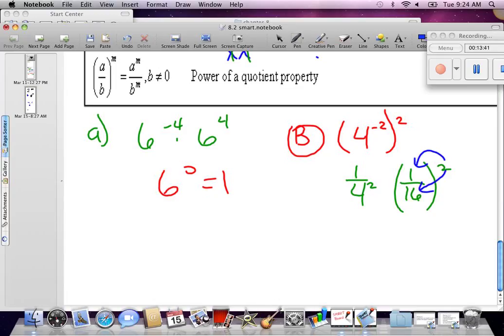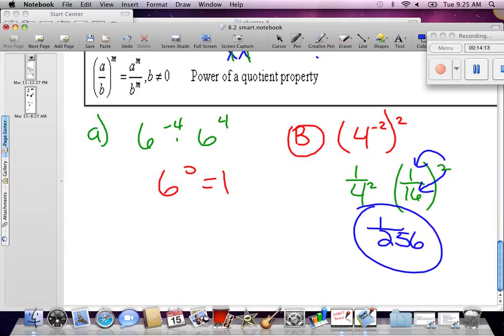We take 1 to the second, and we take 16 to the second. What is 1 squared? It's 1. What's 16 times 16? 256? So it's 1 over 256. So you just add a few more steps in there. You have to get whatever's in parentheses first. You guys have questions? Let's try another one.